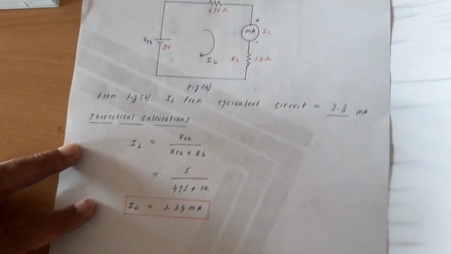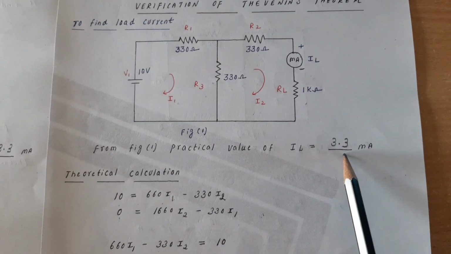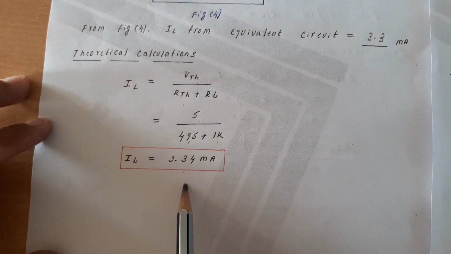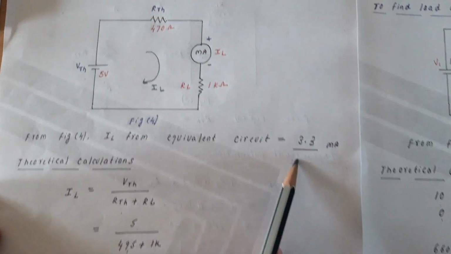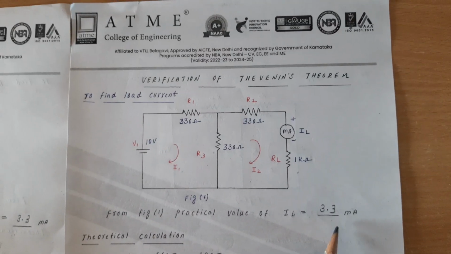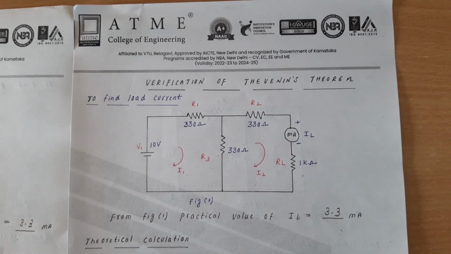Which is equal to what we have done earlier, that is 3.34 milliamperes. So this one we have got theoretically for the last circuit, this is practically for the equivalent circuit, and this is practically for the actual circuit. So this is how we can prove Thevenin's theorem both theoretically and practically.